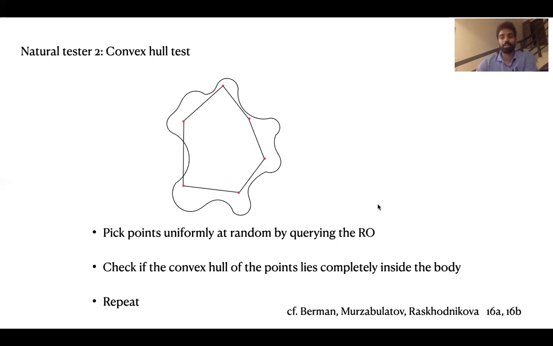You check this using the membership oracle, and you keep repeating this till you find a convex hull that goes outside the body. This test has been found to be effective in lower dimensions. Berman et al. have come up with algorithms which work in lower dimensions, which are quite similar to the convex hull test.